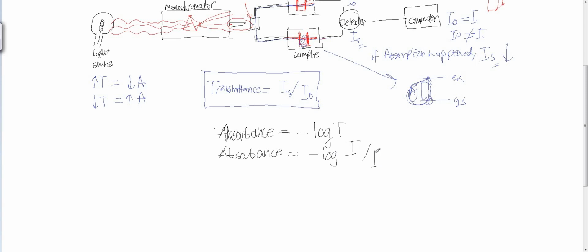I over I naught. So you're supposed to know the correlation between transmittance and absorbance. Sometimes we can calculate the transmittance, and from the transmittance, we can calculate the absorbance.